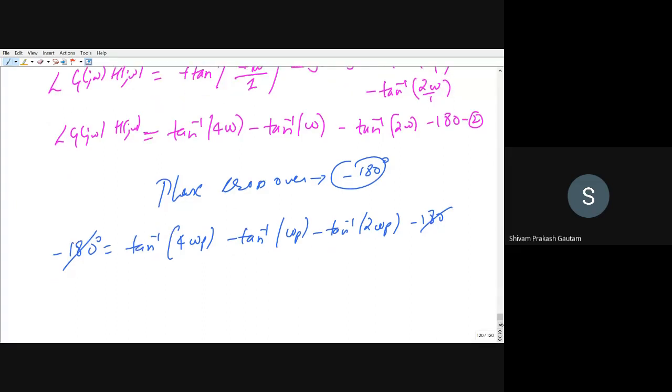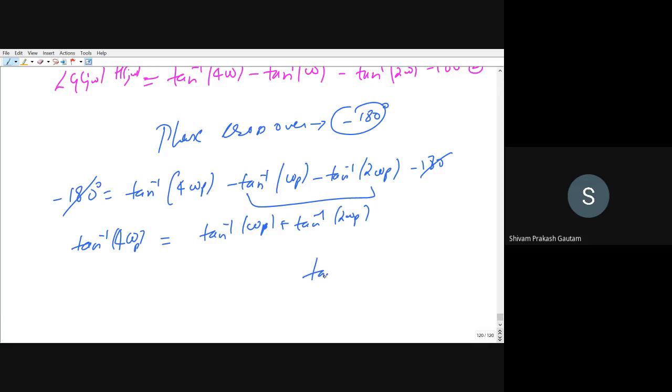We will have tan inverse of 4 omega p, and I will take both of these negative terms to the other side, so they become positive: tan inverse of omega p plus tan inverse of 2 omega p. We have to sum tan inverse of a plus tan inverse of b. The formula is tan inverse of (a plus b) upon (1 minus ab).